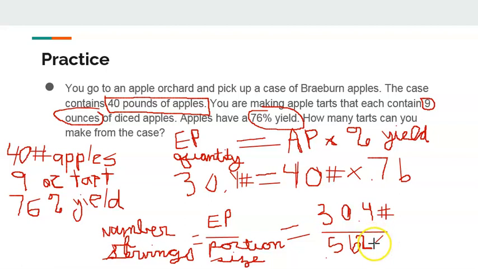And we got the 0.5625 by taking 9 ounces and dividing that by 16. So 9 divided by 16, because there's 16 ounces in a pound, gives us that 0.5625.